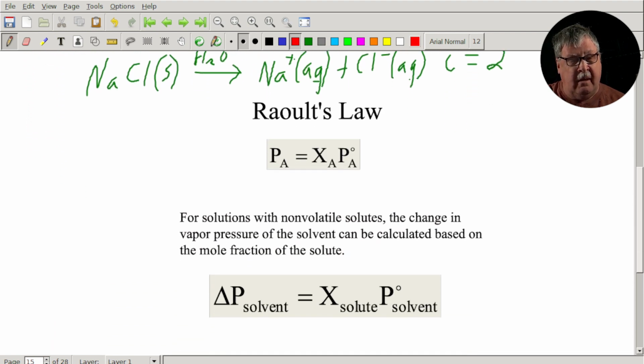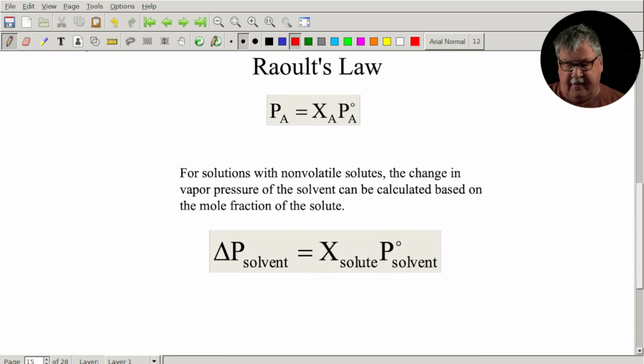Okay, so we talk about ionic substances with regard to colligative properties, but for the most part, our discussion is going to be focused on solutes that don't dissociate in solution. And one of the ways we do this too is we use non-aqueous solvents. Okay, we use solvents other than water, like methyl alcohol or benzene or things like that.